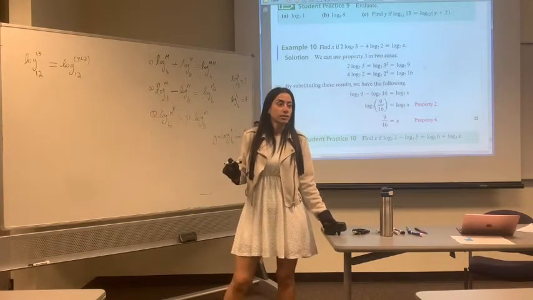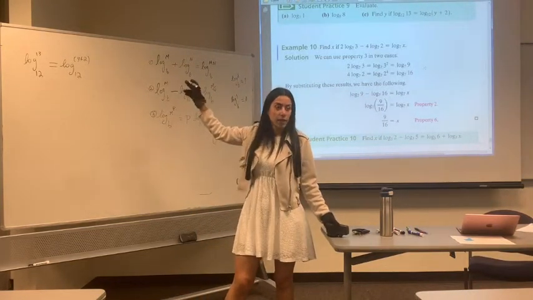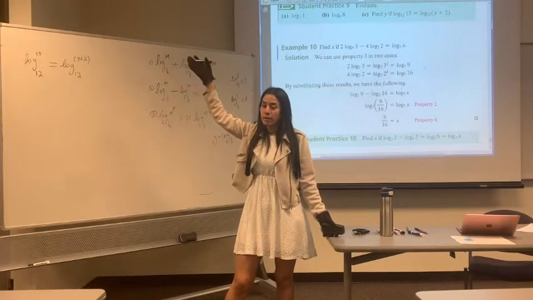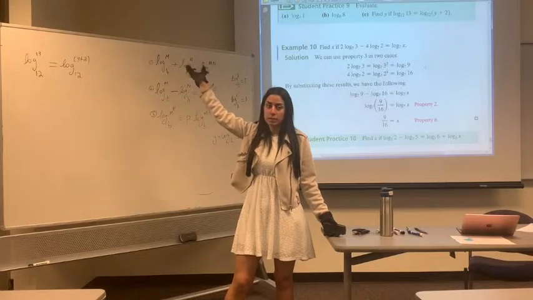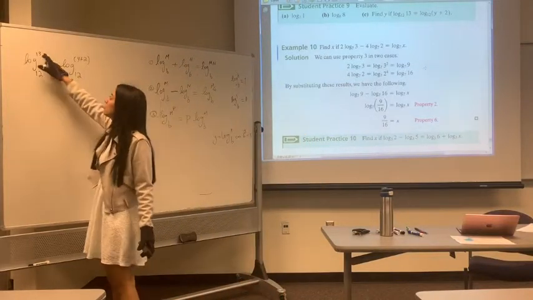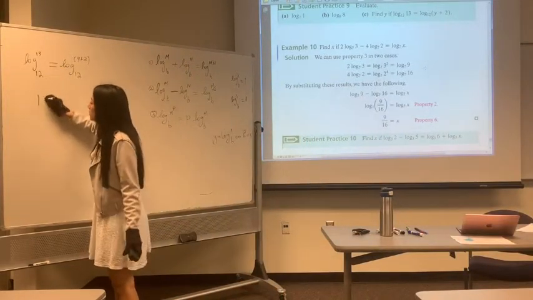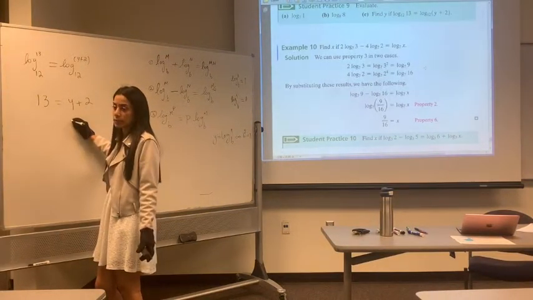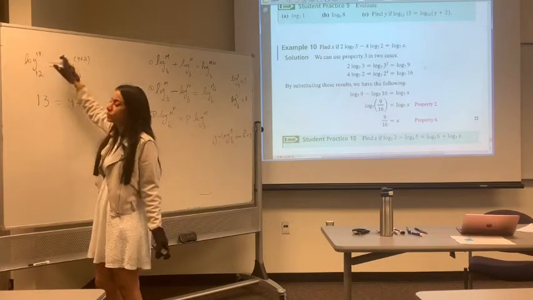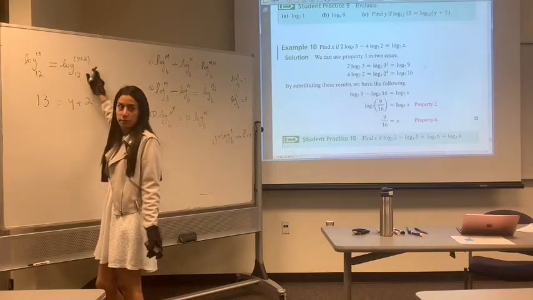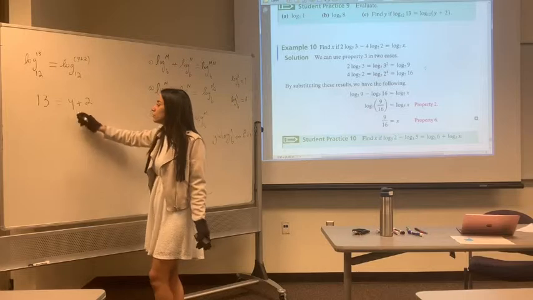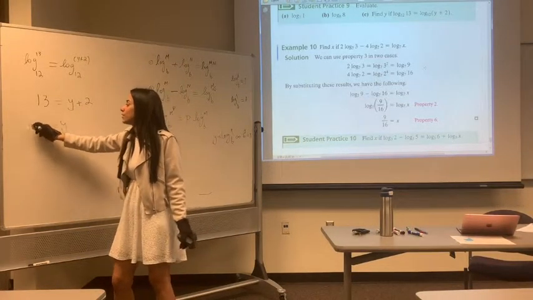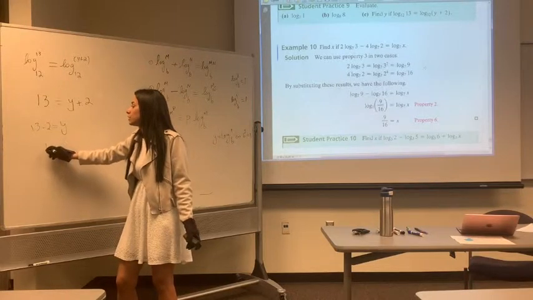So if the bases are the same, those arguments have to be the same. Like the previous one, we had x and 17, you said x is equal to 17. So 13 equals y plus 2, we solve this. y is equal to 13 minus 2.